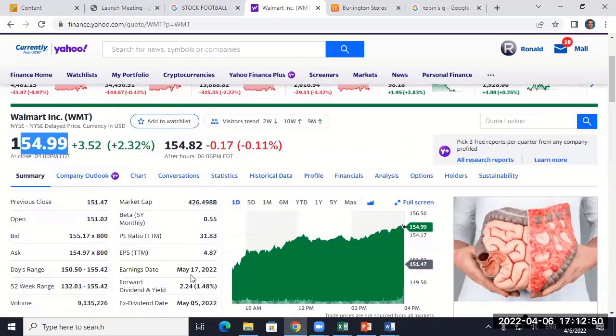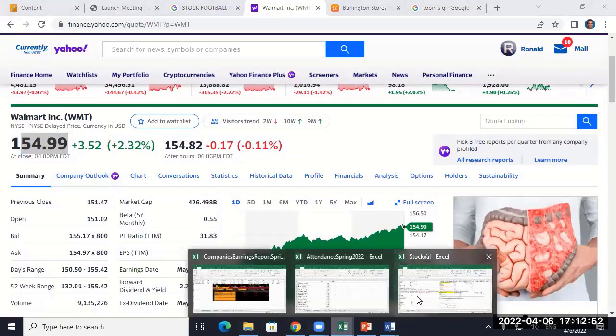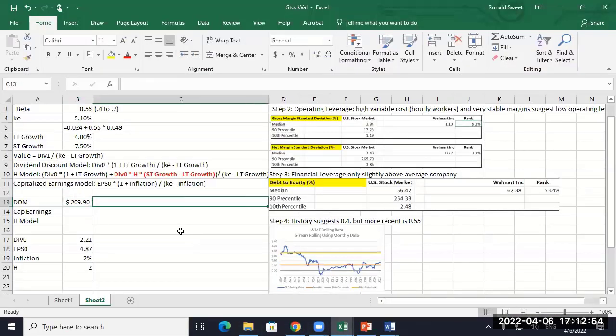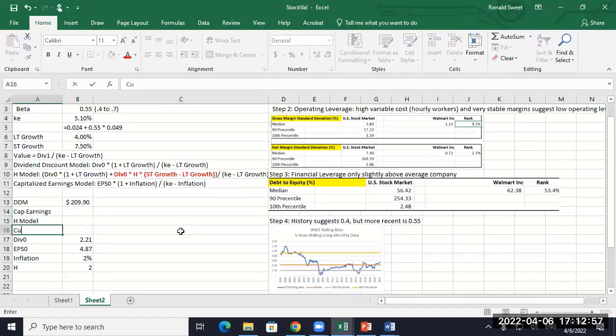You're trading for 154.99. Does that sound like a buy, sell, hold recommendation so far? Sounds like a buy to me. That looks like, what, a good 33% upside.